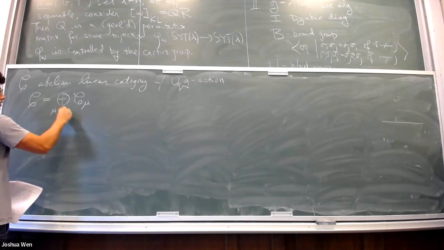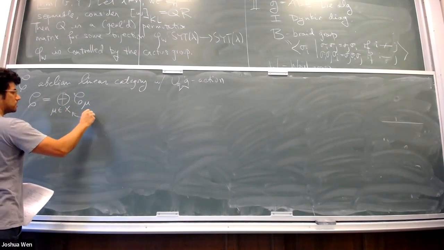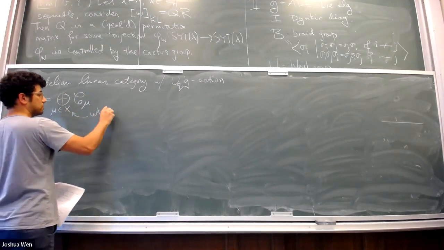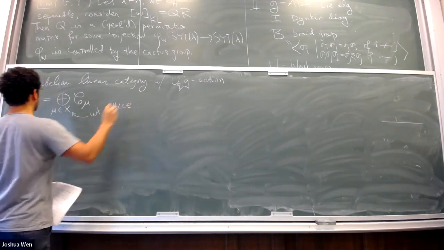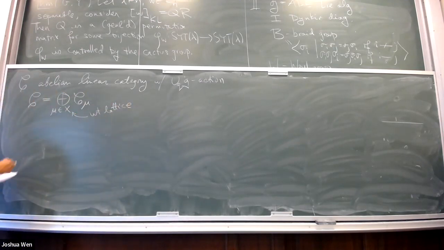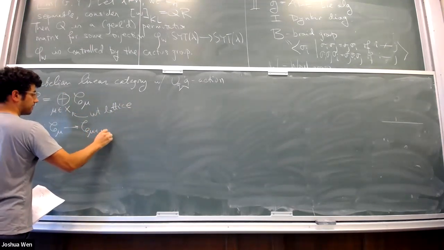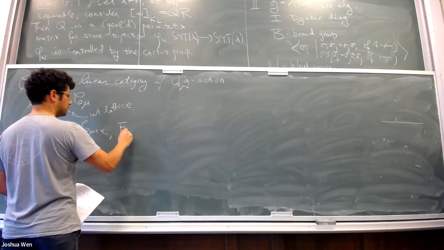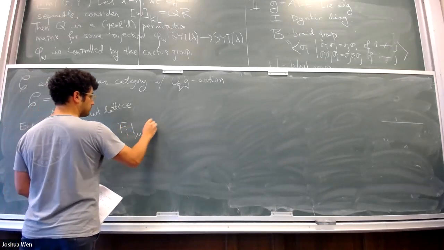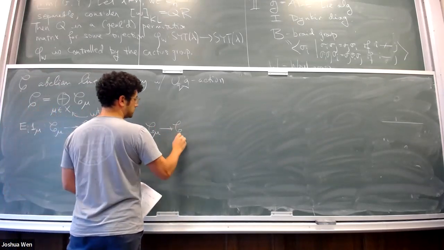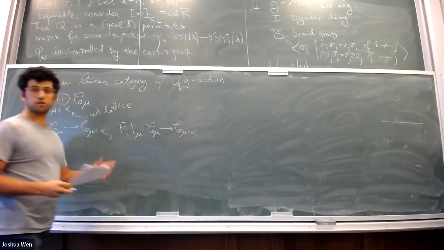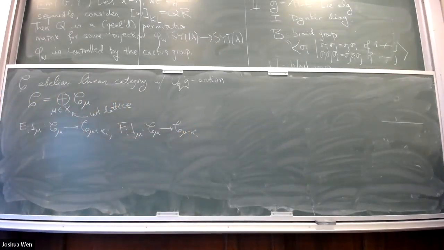So I have a decomposition like this, where X is the weight lattice of G. I also need exact functors, for instance E_i, a functor that goes from C_mu to C_(mu+alpha_i), and another functor F_i that goes from C_mu to C_(mu-alpha_i). This is all just structure that mimics what a representation of a Lie algebra is.